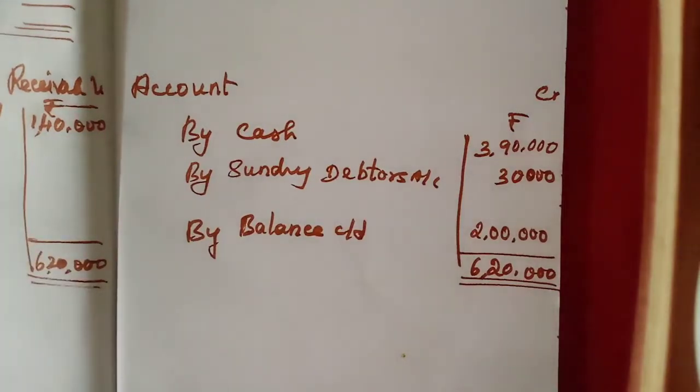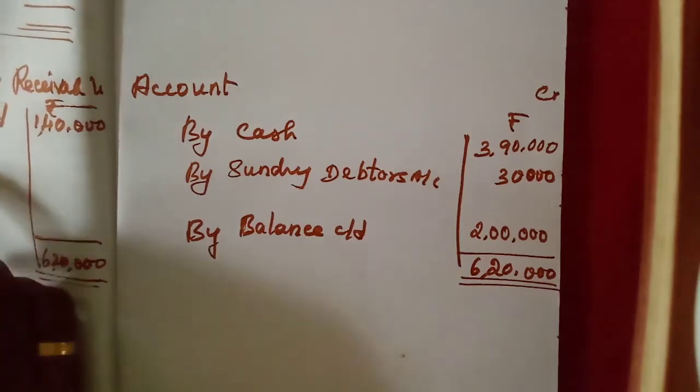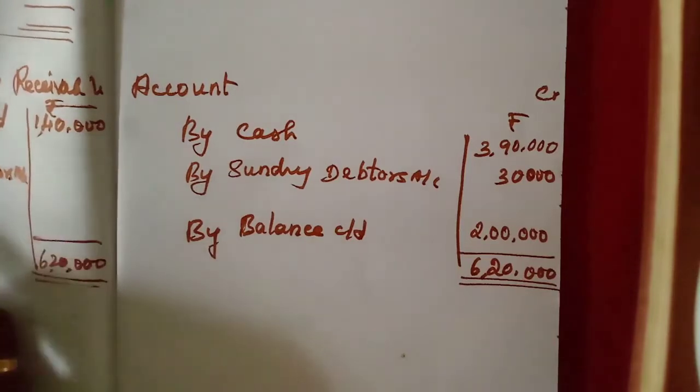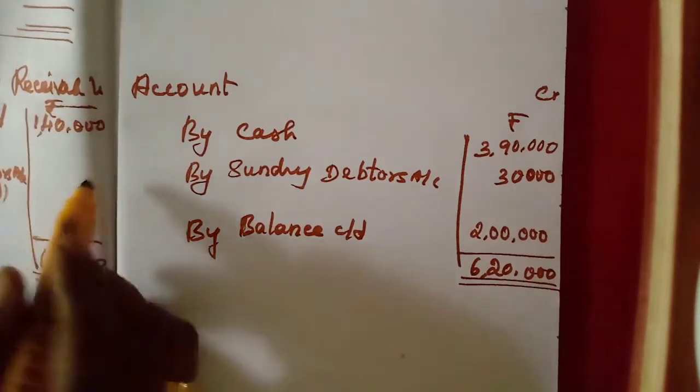To sundry debtors account. You have to write bills receivable received. Bills received we can write. Bills received, calculate.